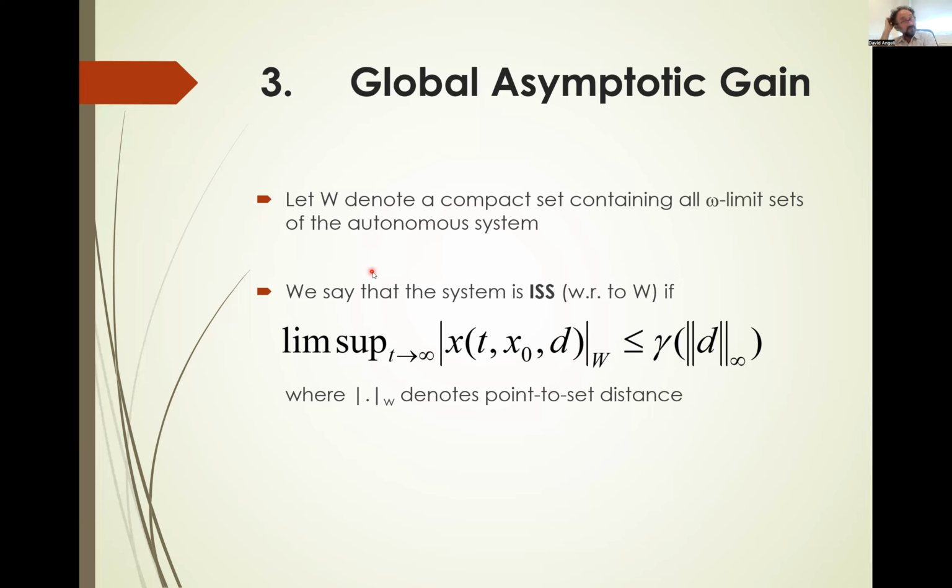So that is the usual asymptotic gain notion, where I have replaced the norm of x with the distance to W. And notice that I am not asking for the Lyapunov stability part that was needed in order to have the equivalence between standard ISS and asymptotic gain.